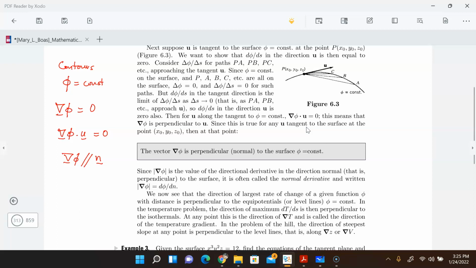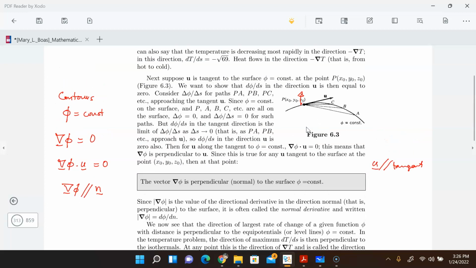Yeah, I suppose I have to go through this kind of picture here. So your u will be somehow parallel to your tangent, and then essentially your normal will be perpendicular to that u. So I missed that.